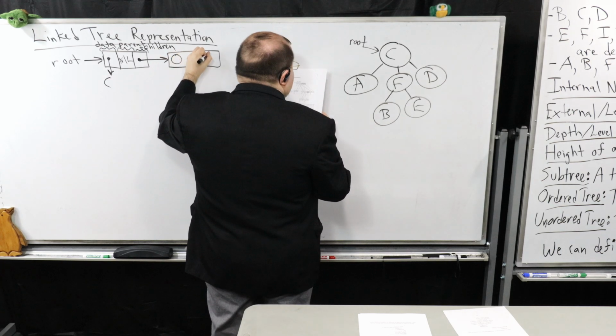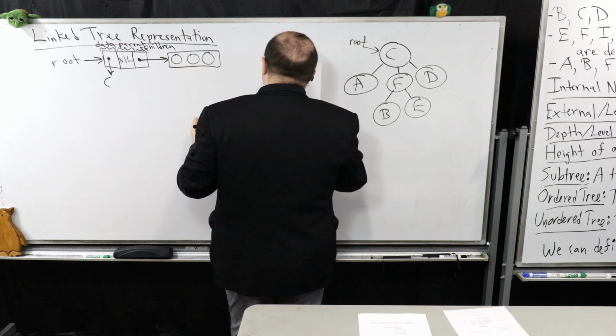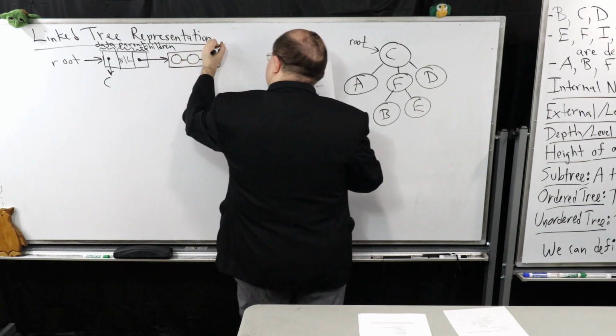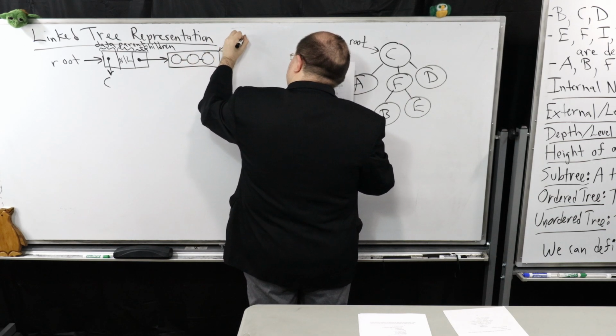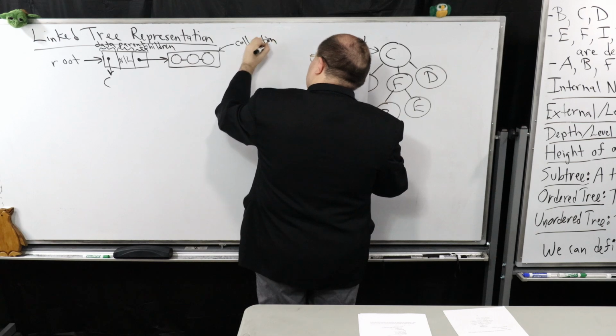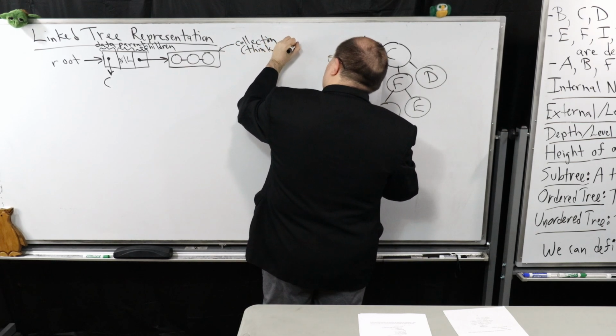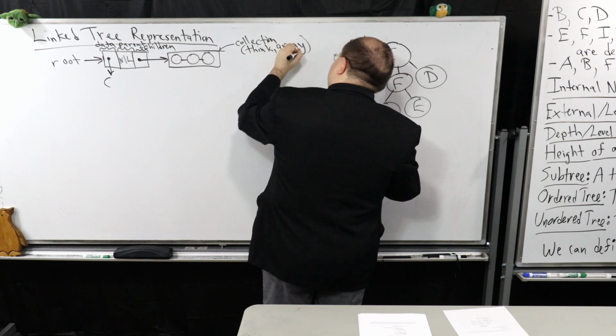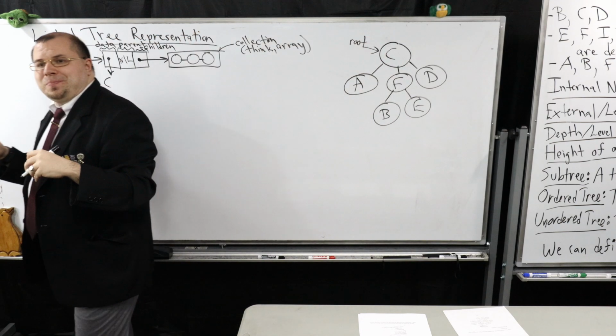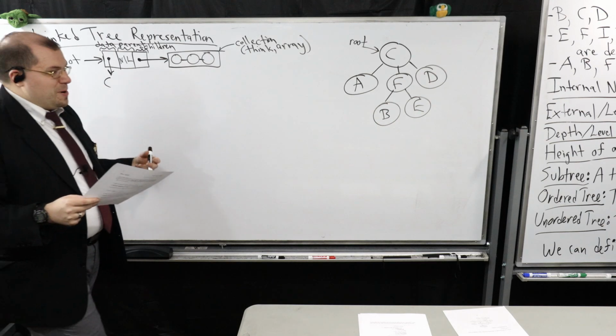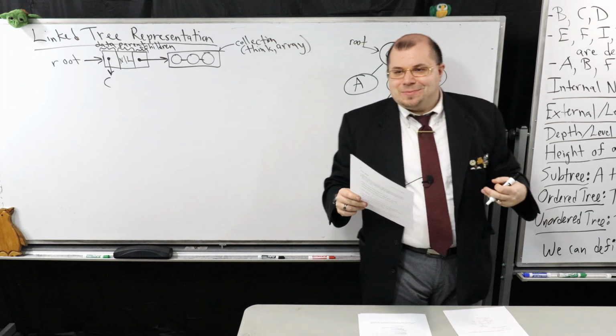In here, I have three children, right? So it's some collection, and you can think of it like an array. You can just think of it as an array if it keeps things simpler. But like I said, you could easily swap it out for other data structures if you like.